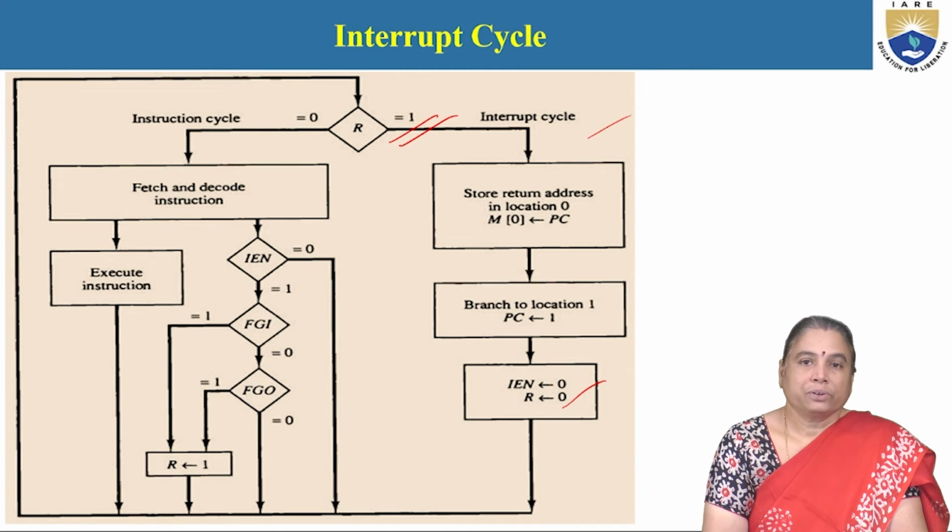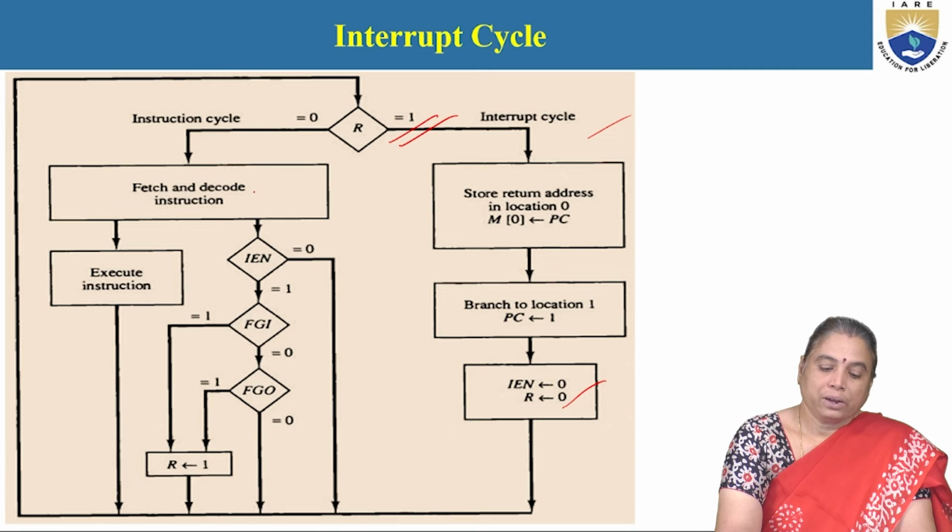In case of the instruction cycle also, during input-output operations, an interrupt can be generated. This can be identified with the IEN, interrupt enabled. If it is an input device interrupt, FGI can be activated. If it is an output device, then FGO can be activated.